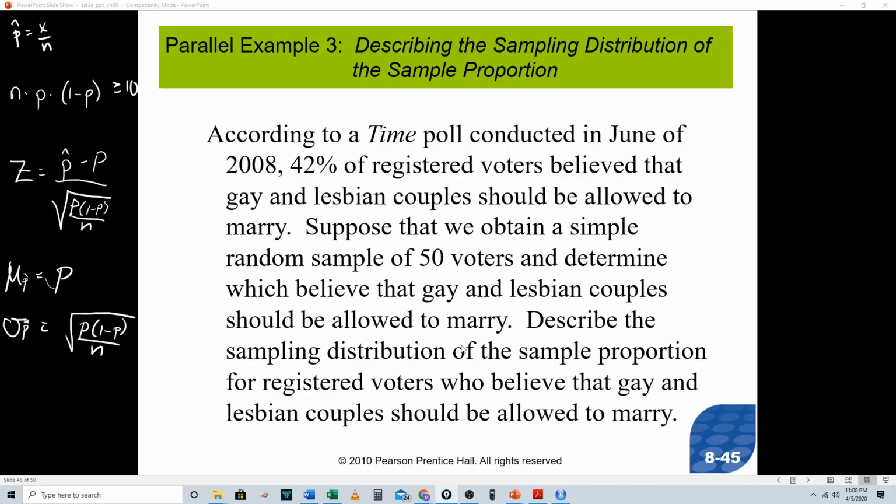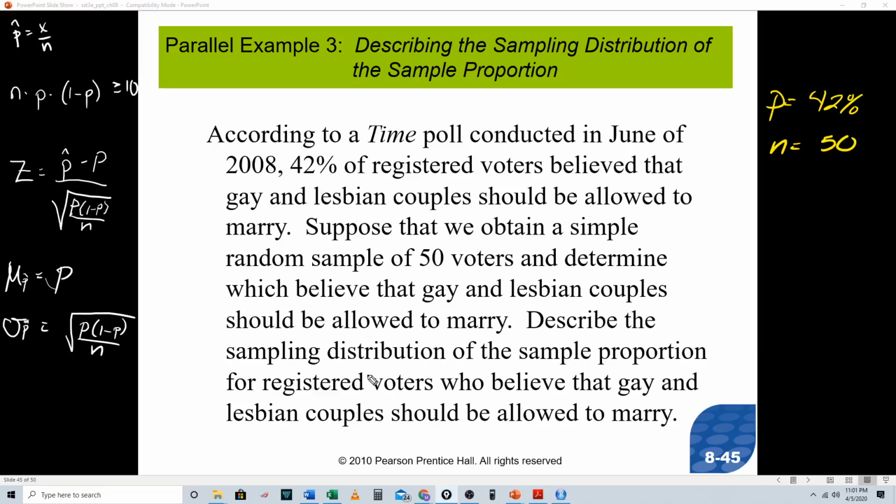So describe the sampling distribution of the sample proportion, given that we sampled 50 voters, so n is 50. This is important information over here. 42% of the registered voters believe that gay and lesbian couples should be allowed to marry, so p is equal to 42%. n is equal to 50.